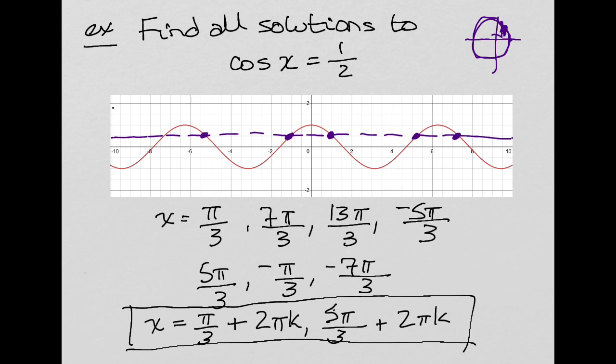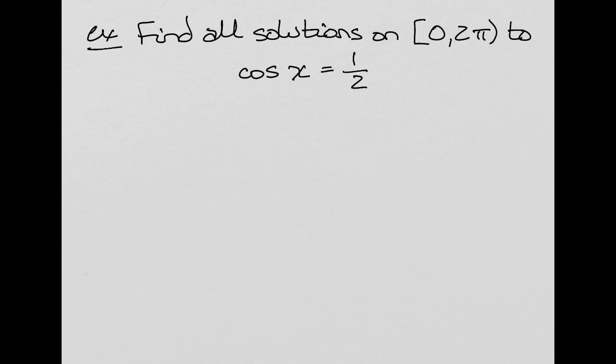Sometimes we're not necessarily looking for all the solutions. We just really want the ones one time around the unit circle between 0 and 2 pi. When that happens, we're going to use the 2 unit circle values, and that is pi over 3 in quadrant 1 and 5 pi over 3 in quadrant 4, where cosine of both of those is positive a half, and call it a day.